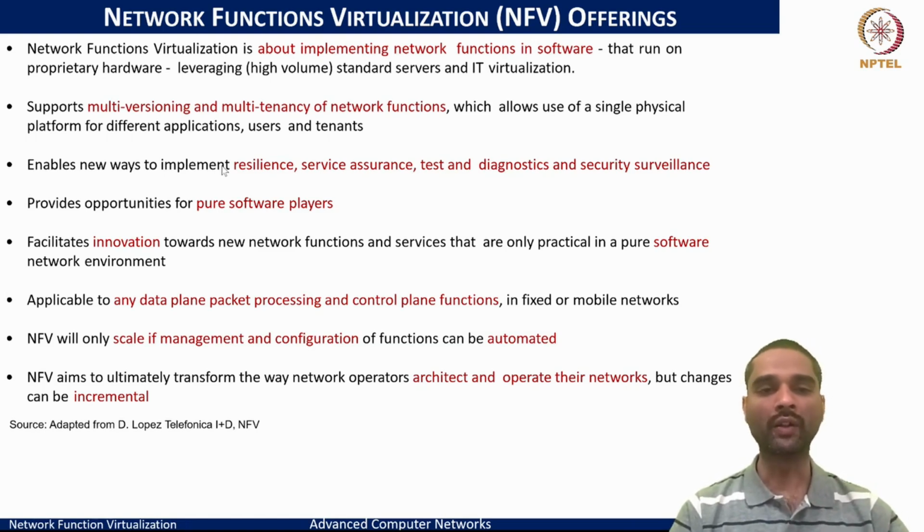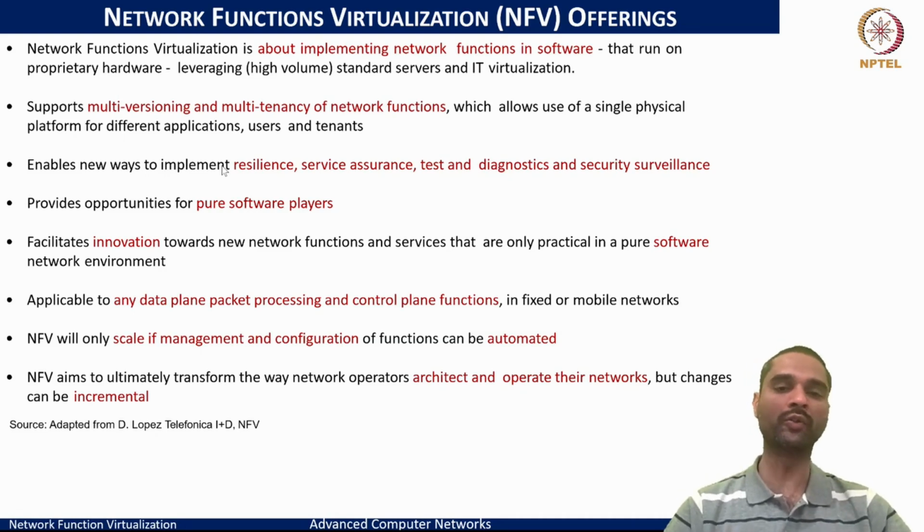And this is where innovation starts to foster, in terms of how different software frameworks can be pulled together to create new services, and even collaborate with different network functions to create multiple services.